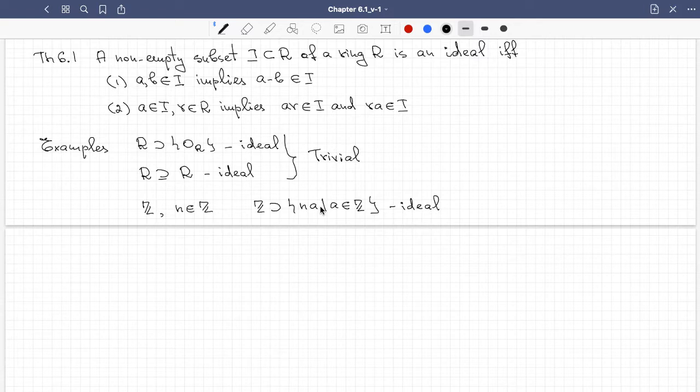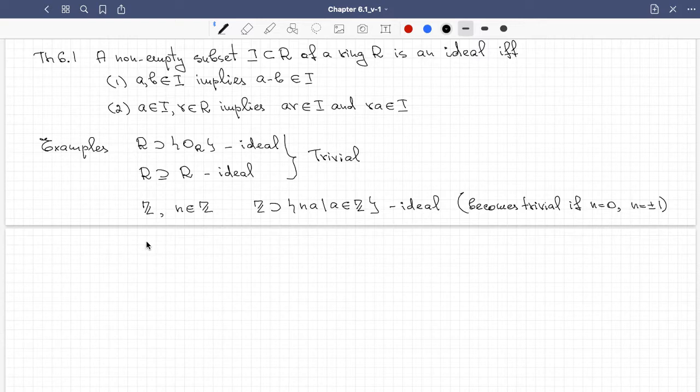So this ideal becomes trivial if n is 0 or n is plus or minus 1.